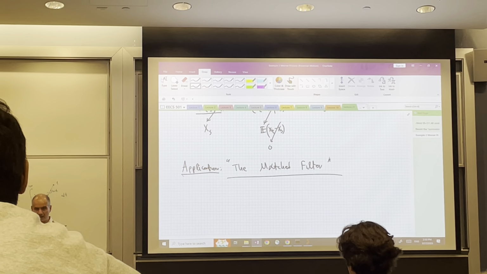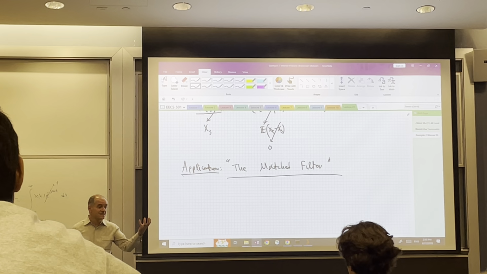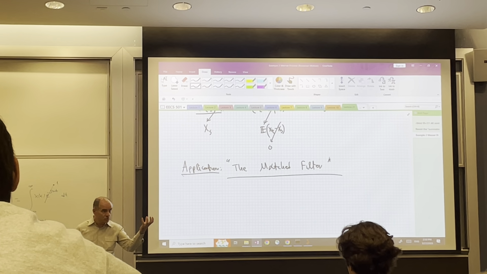Because this will bring about two of the most important and celebrated properties of random processes. One is the central limit theorem, that is, if you add up a lot of random variables and they're independent, no matter what they are, eventually you will get a Gaussian, but in a very certain sense that we have to discuss. The other is the weak law of large numbers, or the strong law of large numbers, that says that the statistical mean of a random variable can be found by adding up a lot of realizations of this random variable.